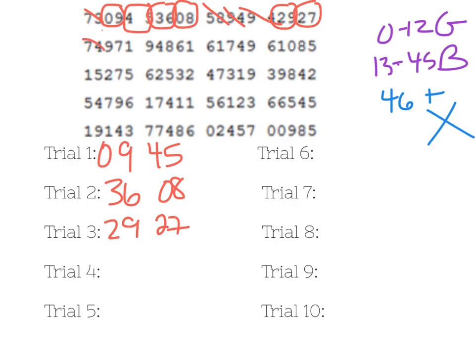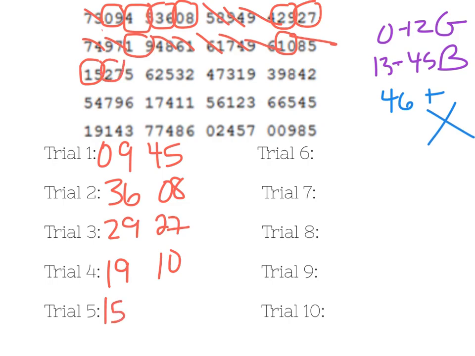Okay, next line. I can't use 74. I can't use 97. I can use 19. I can't use 48. I can't use 61. No 74. No 96. I can use 10. No 85. Next line. I can use 15. I can use 27. I can't use 56.